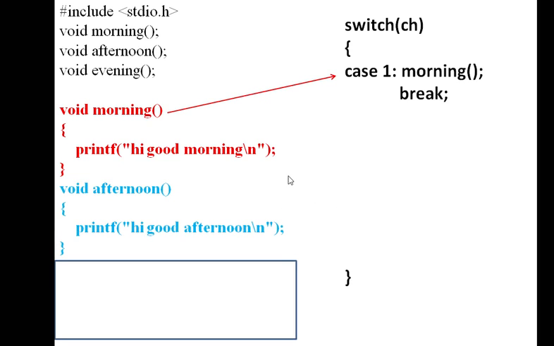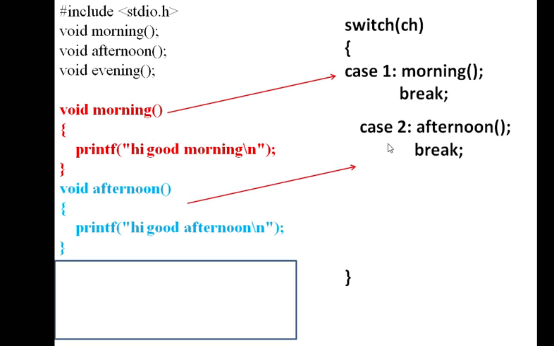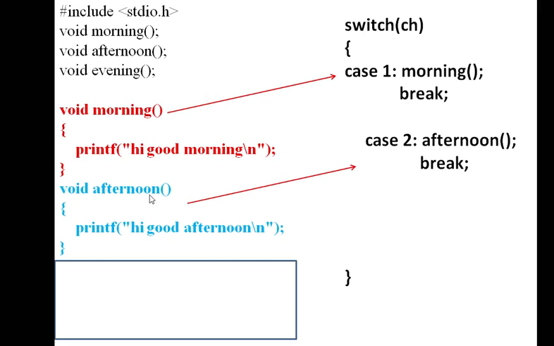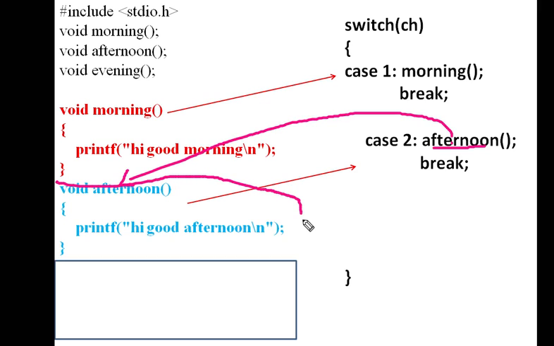The next one is afternoon. How to write the afternoon function? Case number 2, the function name here is afternoon. Then break it. So when it executes, the cursor will go to the afternoon function. Where is the afternoon function? Here you are getting the afternoon function. What does this function contain? This function has a printf statement.